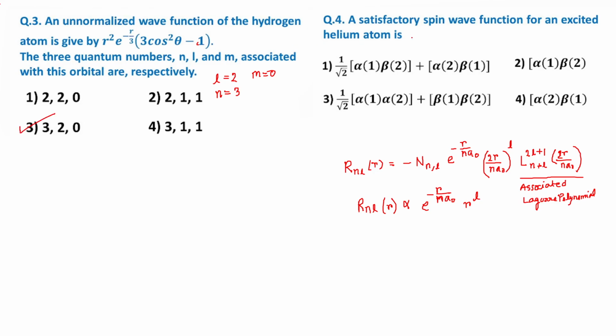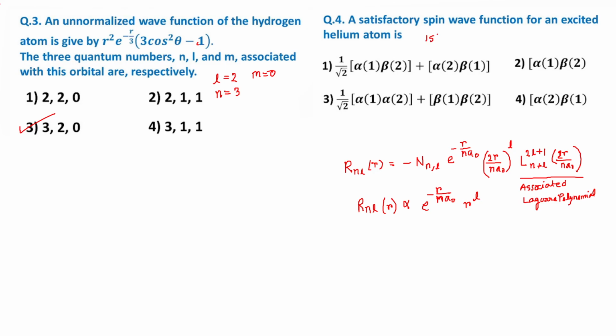Okay. Now let us discuss question number 4. Question number 4 asks for a satisfactory spin wave function for an excited state of helium. Spin wave function, not the overall. What we know first of all is the electronic configuration for an excited state of helium.